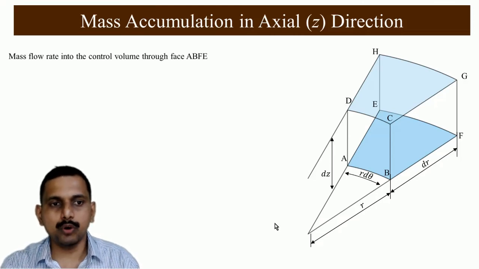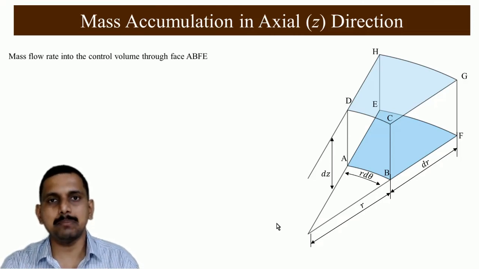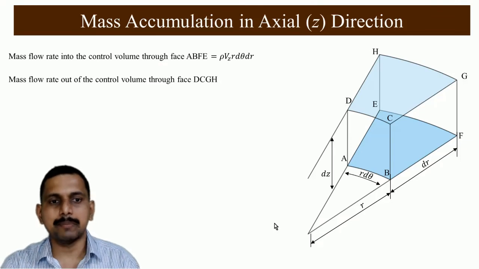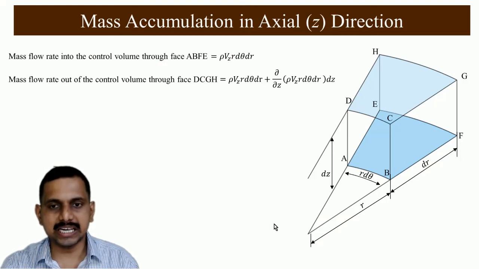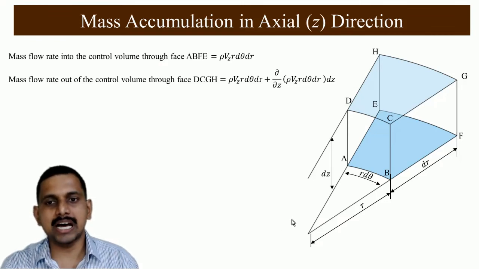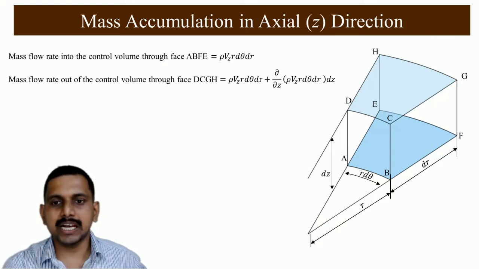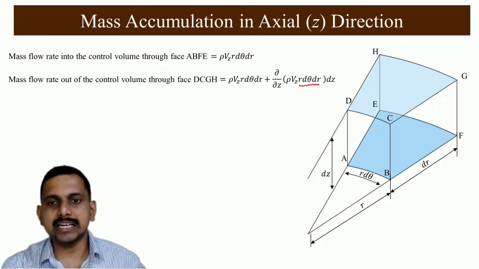So the mass flow rate into the control volume through ABFE is given by rho Vz r dθ dr, and the mass flow rate out of the control volume through the face DCGH is given by rho Vz r dθ dr plus ∂/∂z, that is the change, of rho Vz r dθ dr dz. Now here if you observe, we can take r dθ dr outside, correct, because it is not a function of z.